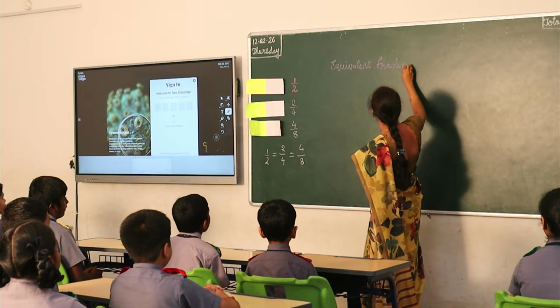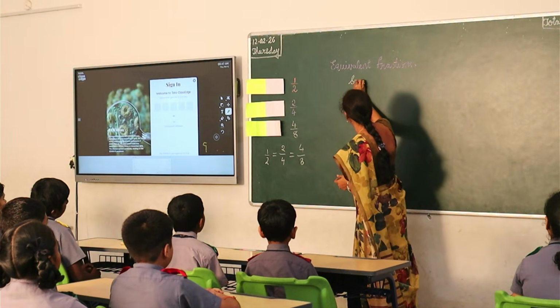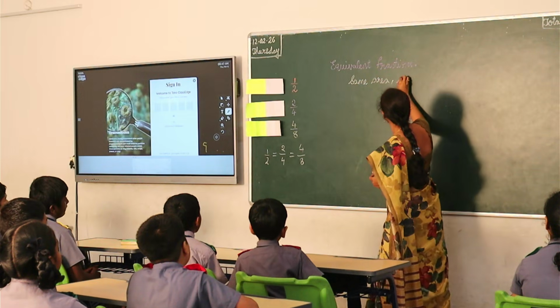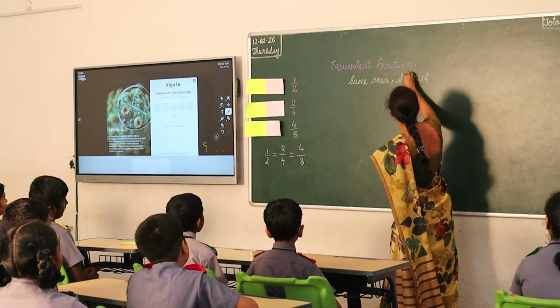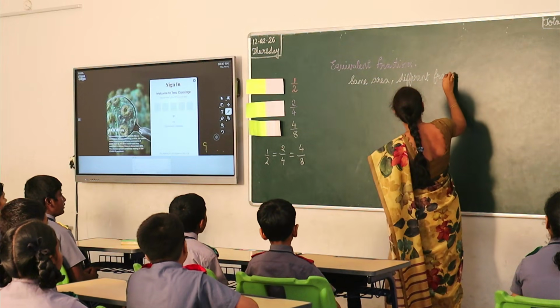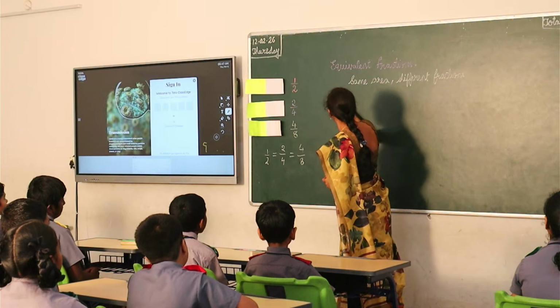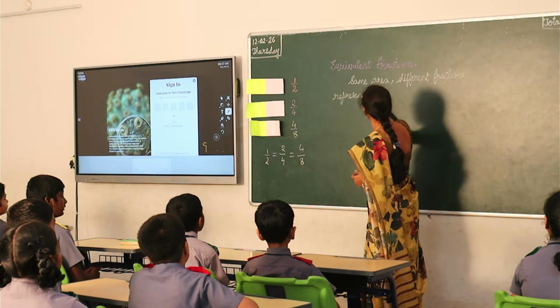Equivalent fractions means, what I told you? Same area, different fractions. Same area, different fractions represent equivalent fractions. Understood?